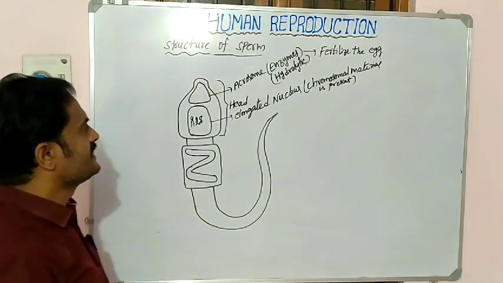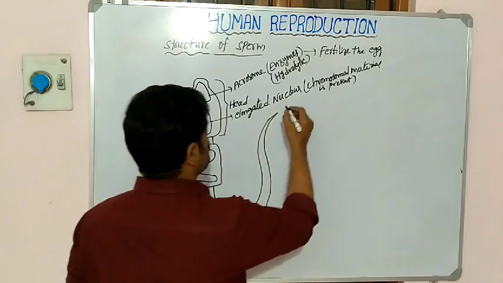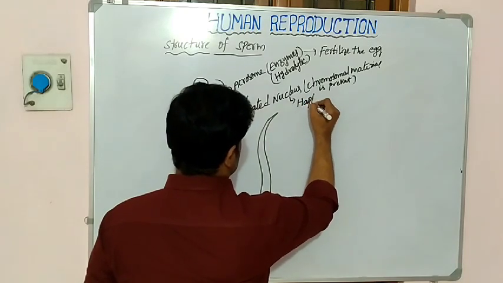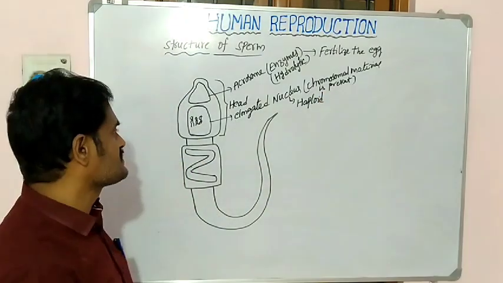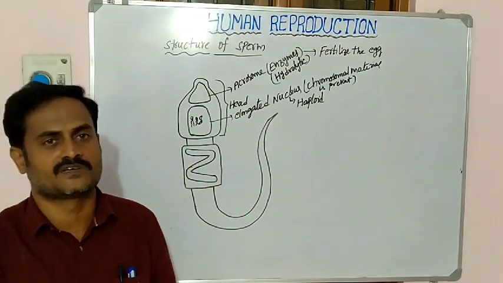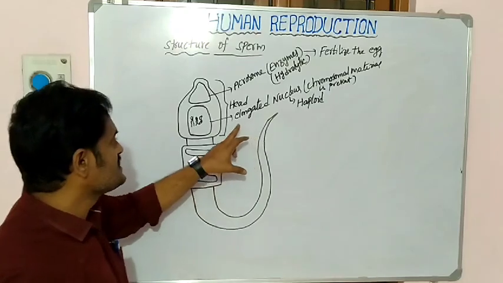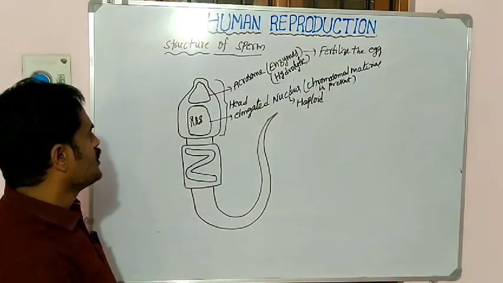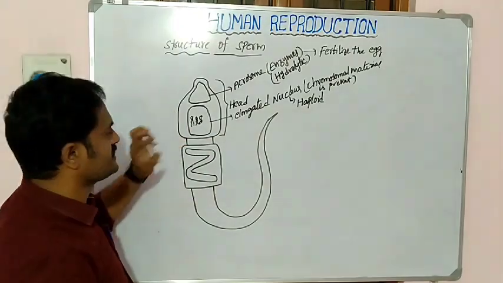Here you have to remember one thing: which type of nucleus? The sperm cell consists of a haploid nucleus or diploid nucleus? What is the answer? Haploid nucleus. So this is about the nucleus and acrosome.